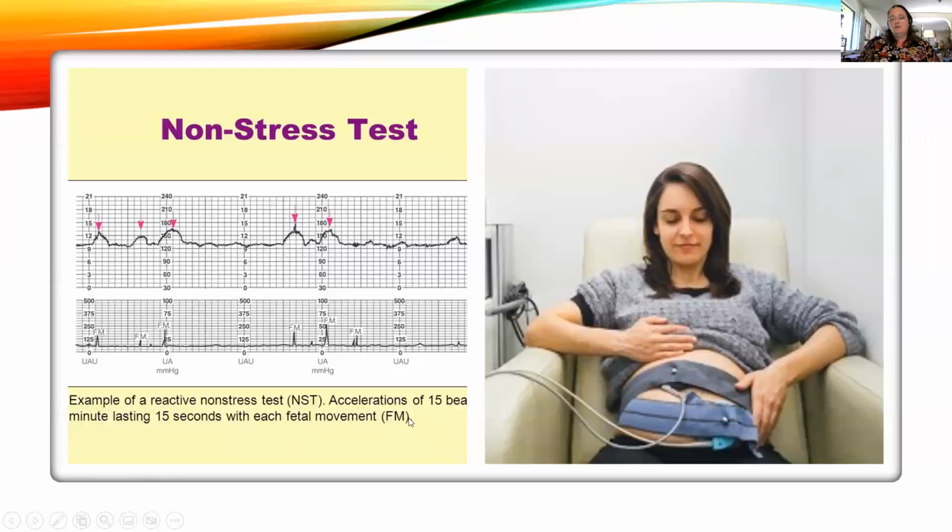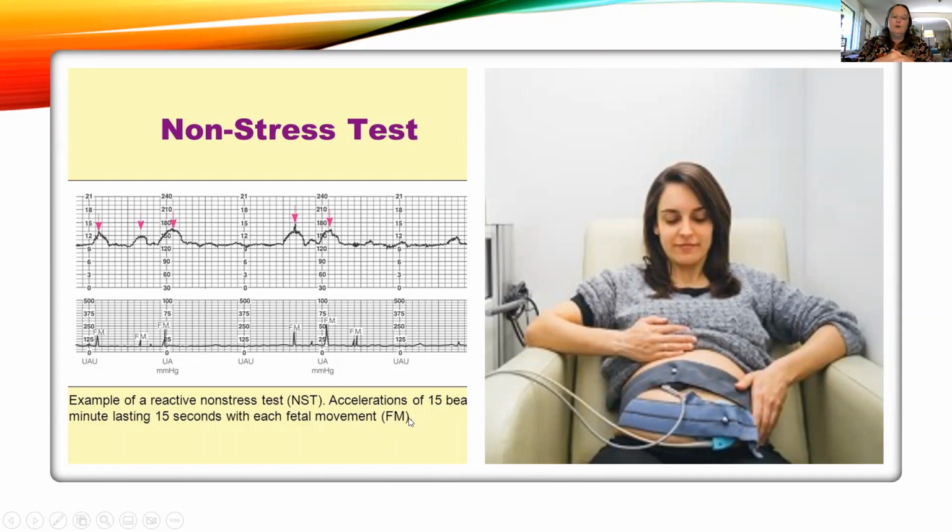And non-stress tests. You have a whole lecture on fetal monitoring, but there is something that we're just going to mention here. A non-stress test is a specific test to give us a snapshot of time, of that exact time, of how the baby is oxygenating on the inside.